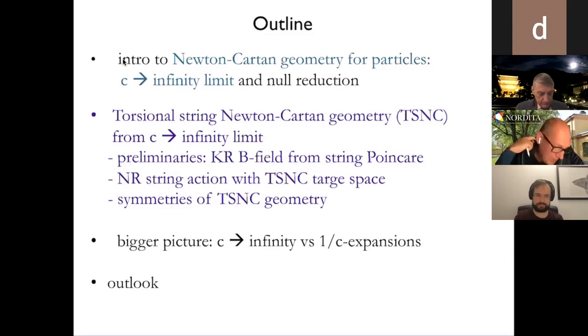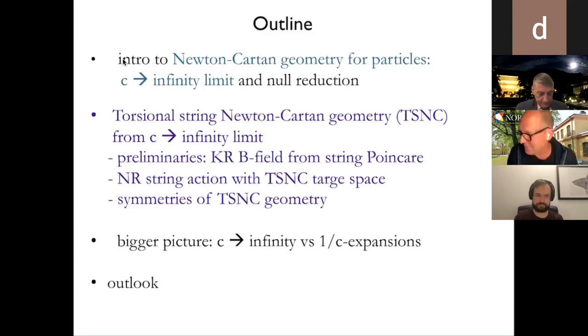In particular, one of the things I want to emphasize is that we see this for particles, but now also for strings: there is a difference between considering really strict speed of light to infinity limits, as opposed to taking a theory and doing a 1/c expansion.